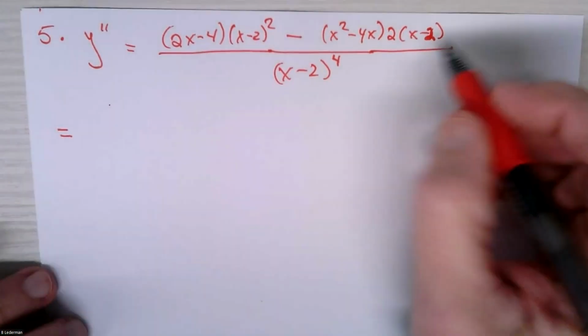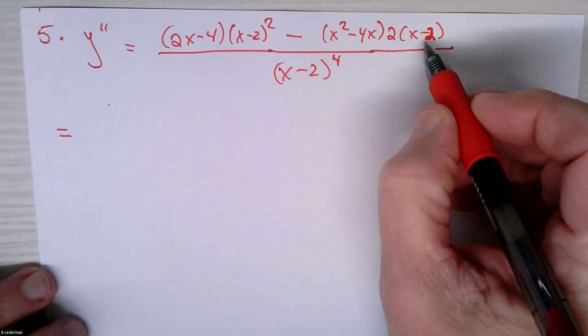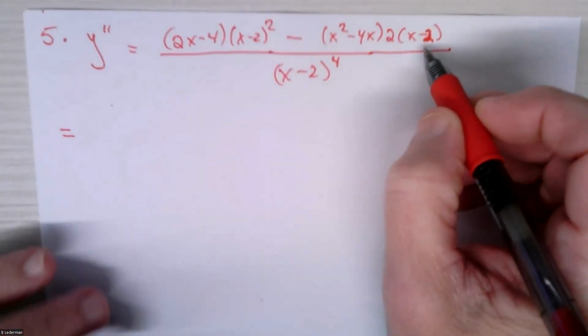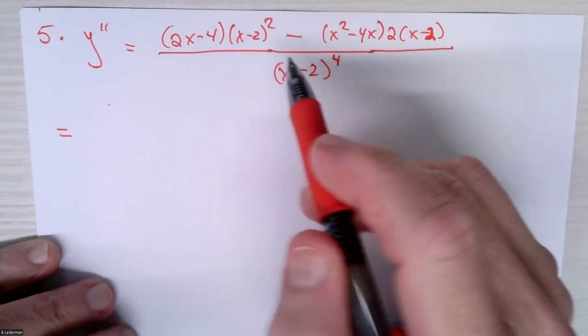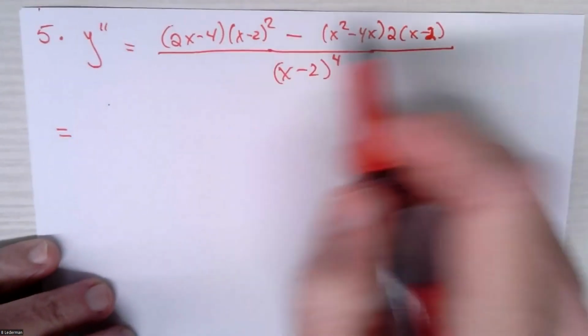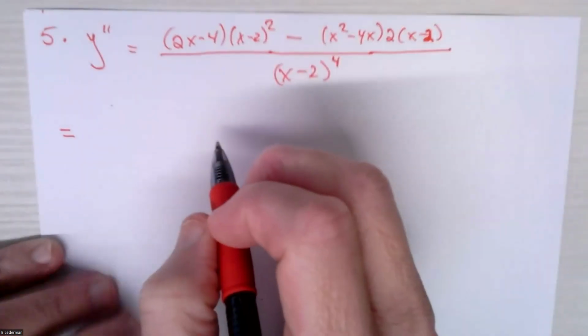Okay, but this term I had written x minus 1, but I corrected it to x minus 2. That's what it's supposed to be. Anyway, notice I have an x minus 2 here and an x minus 2 there. So I'm going to make this a little bit easier by factoring out that x minus 2 from the numerator.